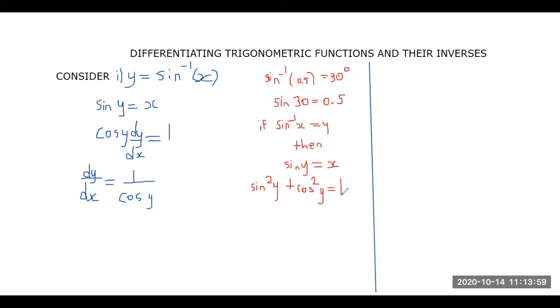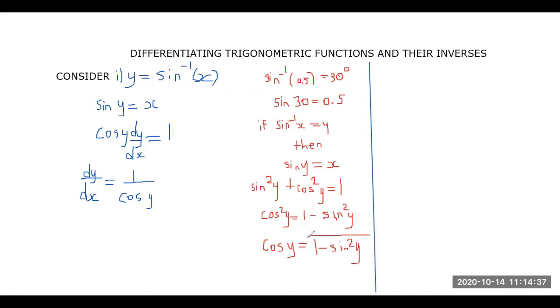So if I make cos squared y the subject, I get cos squared y is equal to 1 minus sine squared y.